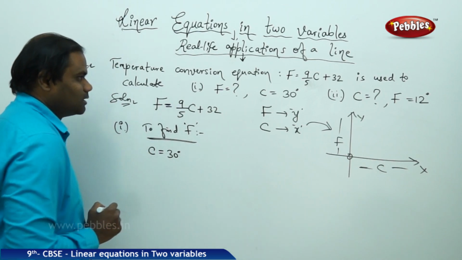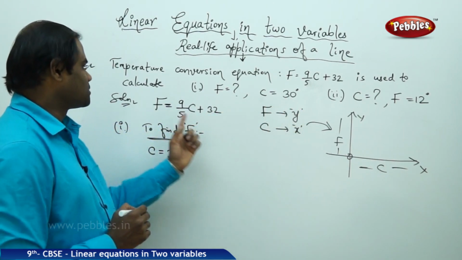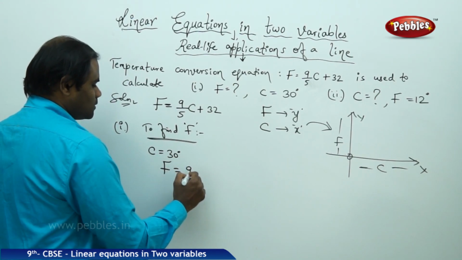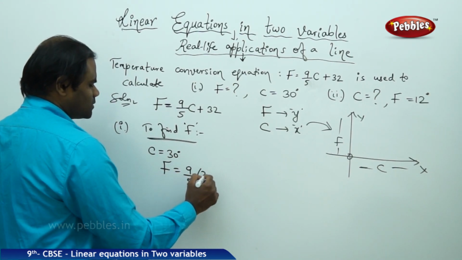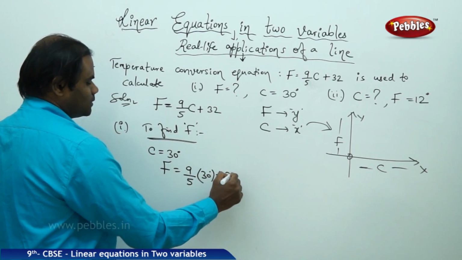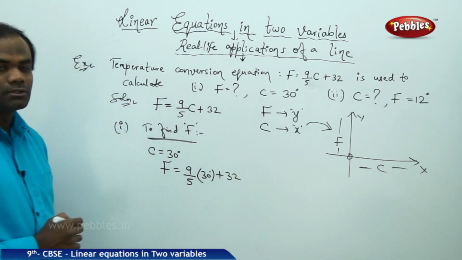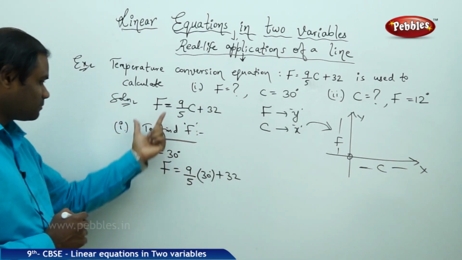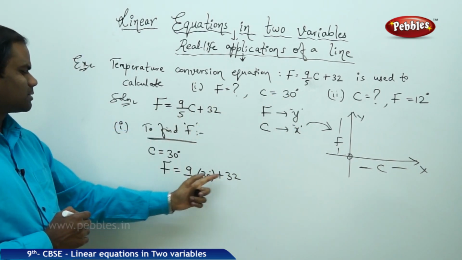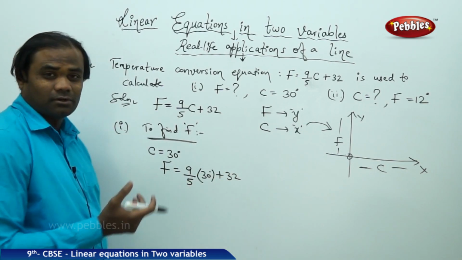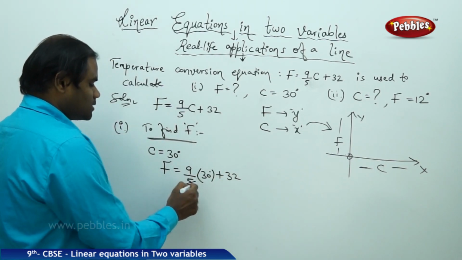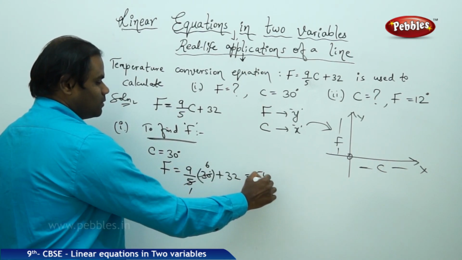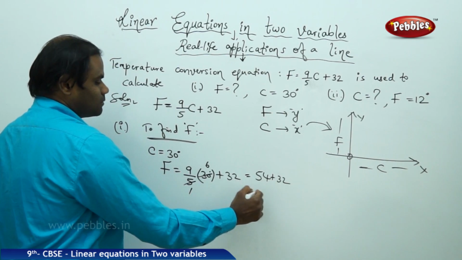The value of C is 30 degrees, which when substituted into the given equation, F equals 9 by 5 times C plus 32. So the value of C as given in the question, 30 degrees, is substituted as 9 by 5 times 30 plus 32, which on further simplification gives us 5 ones are 5, 5 sixes are 30, 6 nines are 54, plus 32.